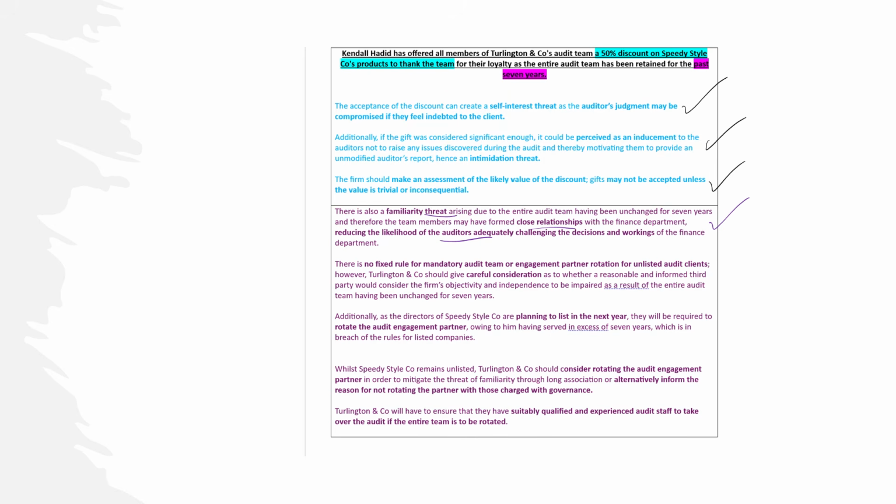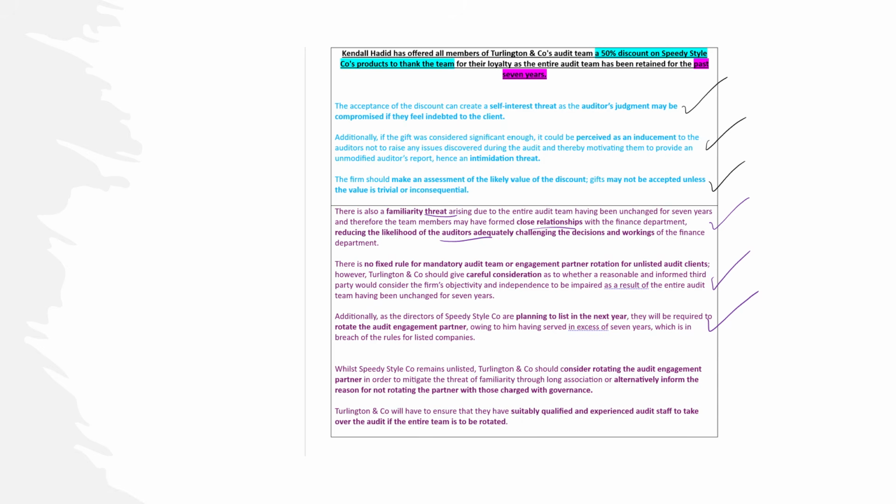Now, at the moment, this is an unlisted client and there's no rule for such engagement partners, but generally I should consider rotating them. However, because they're planning to list next year, this is going to be a concern. It's already been 7 years, so the partner will need to be rotated.